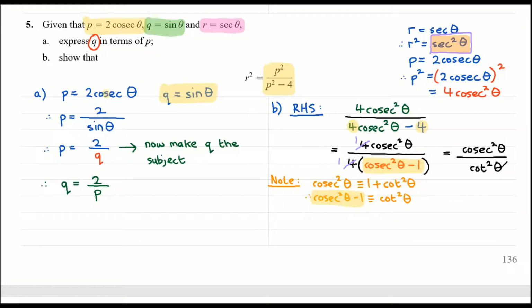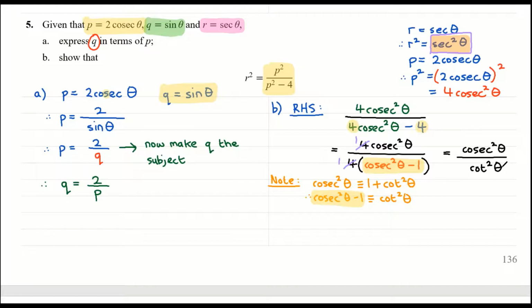Right, now at the moment, that looks quite complex. This is supposed to be sec squared theta. Now, what a good idea, and we saw this in a previous lesson with proofs of this sort, or it's a show that. I know it's a show that, but it's a similar idea. A good thing to do is to write these reciprocal functions as their basic building blocks.